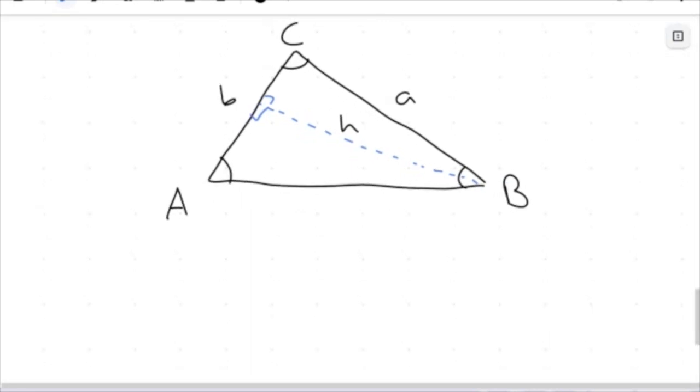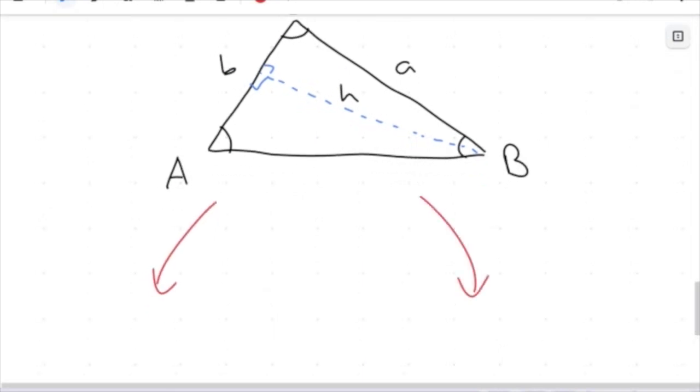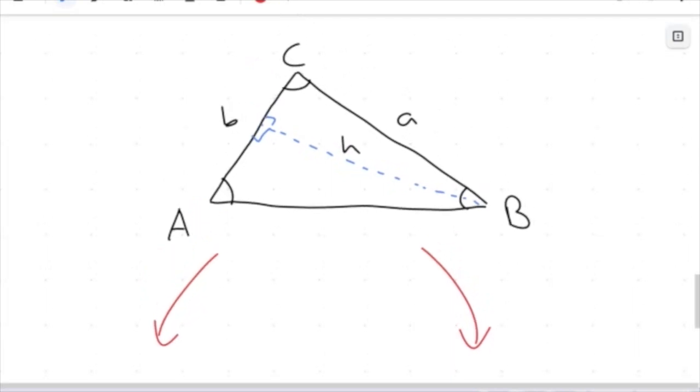Now I can break this down into two new right angle triangles. So I'm basically just, in a bunch of different ways, decomposing my non-right angle triangle into a series of pairs of right angle triangles. See, here I have this one here and I have this one here.